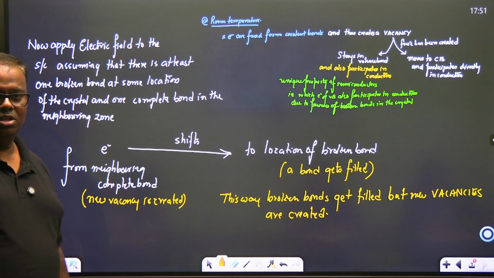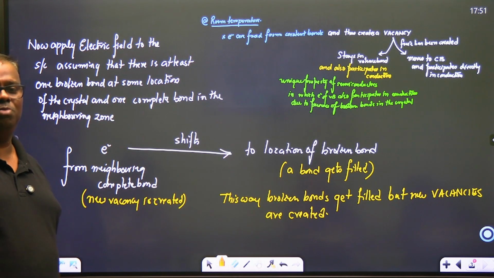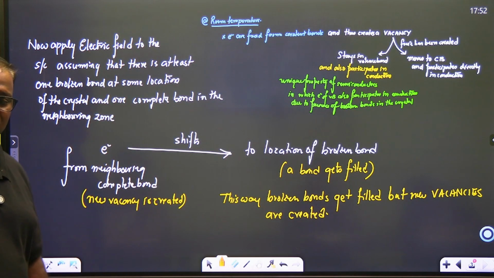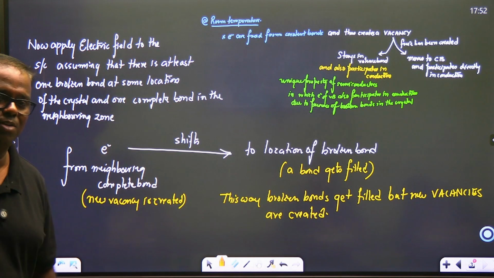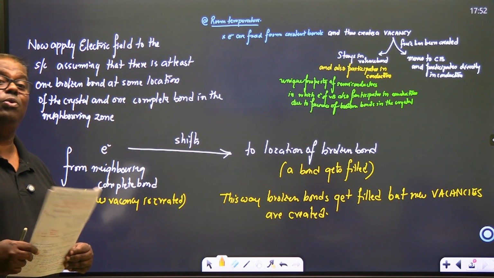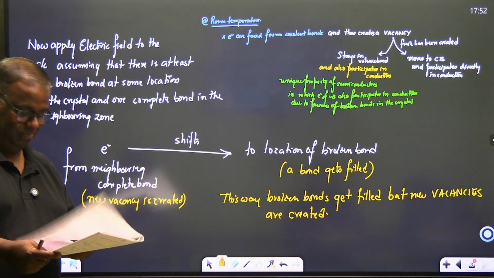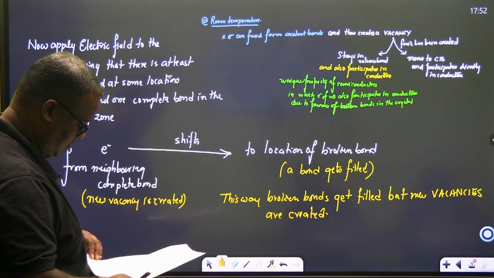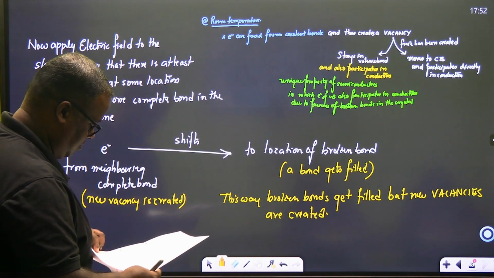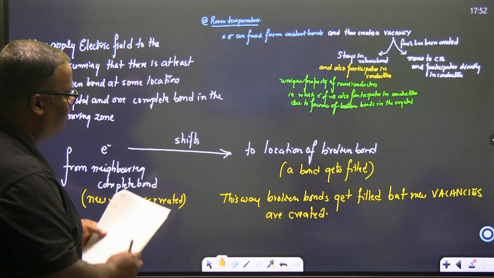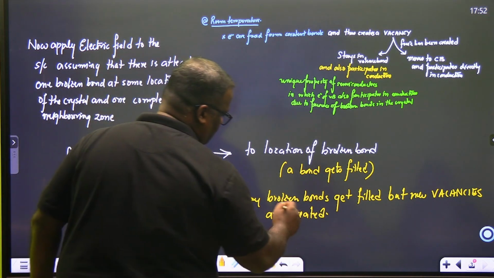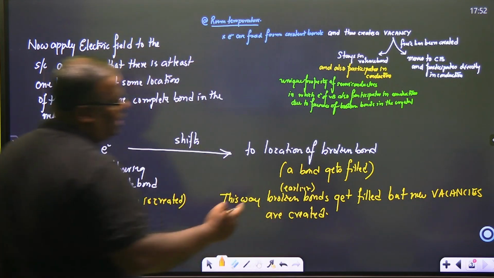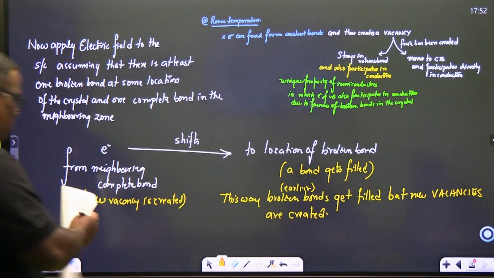It moves and a pair electron says, come bond with me. It keeps shifting. Somebody is shifting, some hole created. The idea is that there is a hole creation which keeps happening. Broken bonds means the earlier broken bonds. They get filled, but new vacancies keep on getting created.